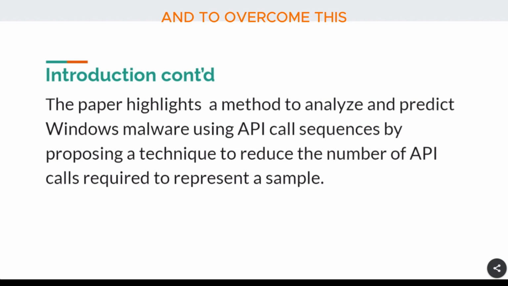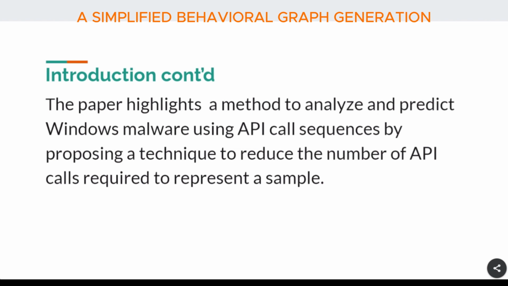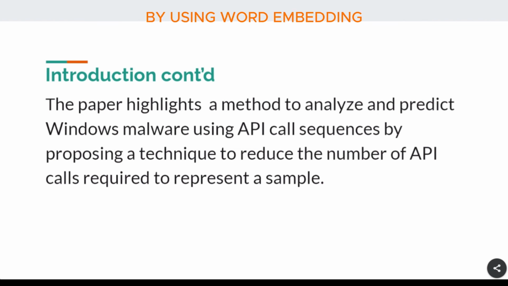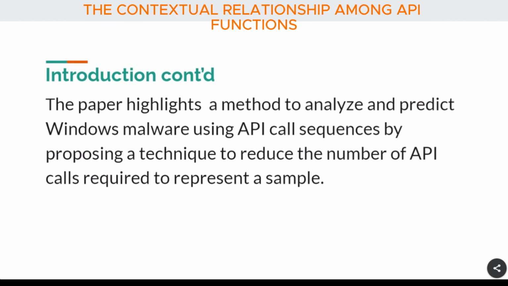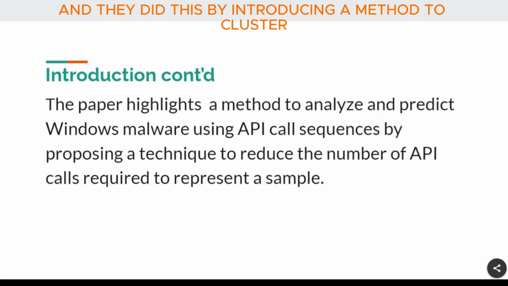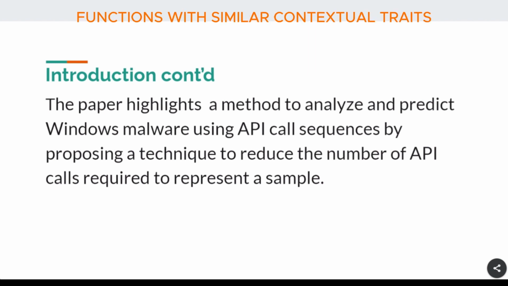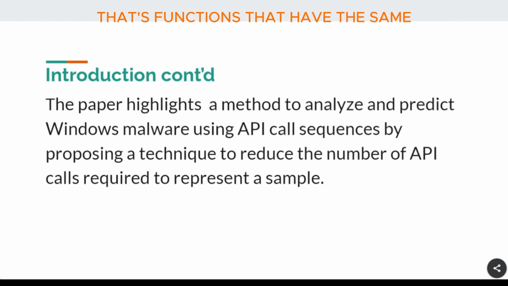To overcome this, the authors proposed a simplified behavioral graph generation using word embedding to understand the contextual relationship among API functions. They did this by introducing a method to cluster functions with similar contextual traits, that's functions that have the same traits.